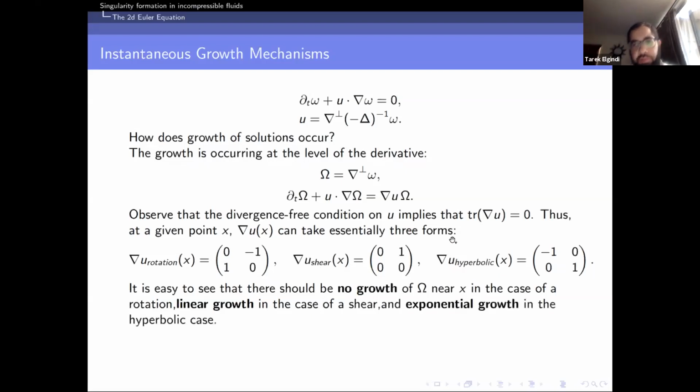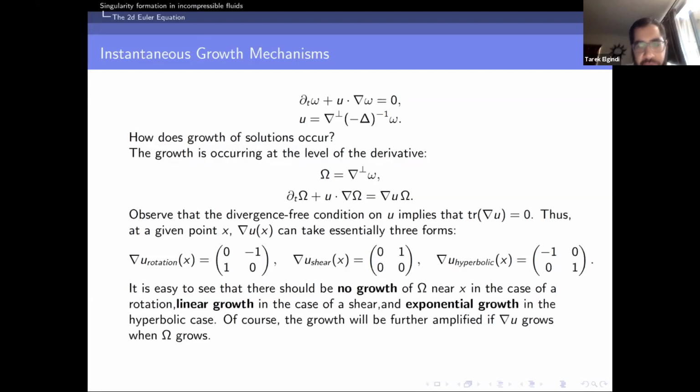And in the hyperbolic case, you should be able to get exponential growth. This is again caricaturing. Of course, normally you don't have just this behavior; there could be a constant in the front. So if it's possible to amplify the gradient of u also, then you might be able to get faster growth.